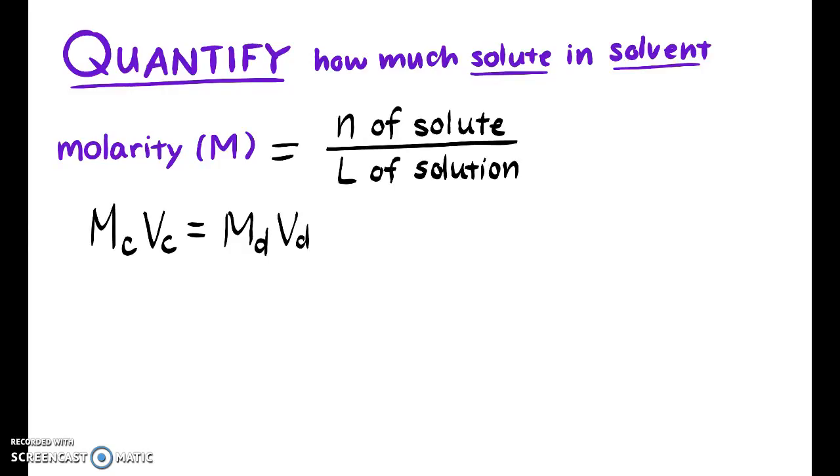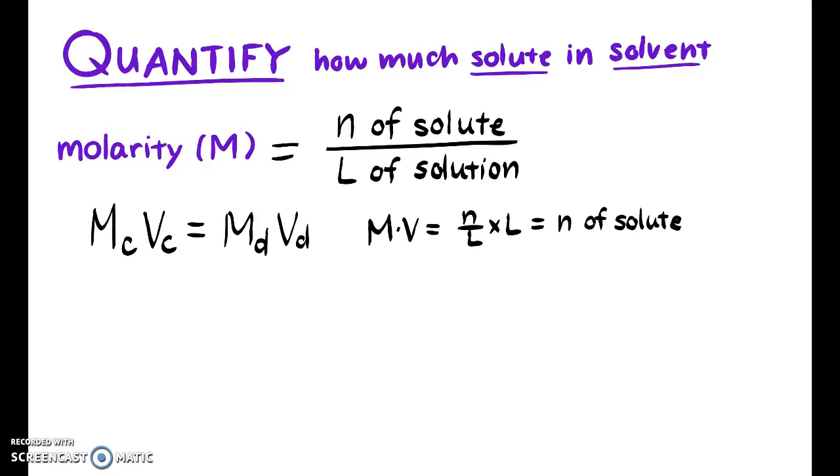One reason why this holds true is that molarity is moles of solute over liters of solution, and volume is liters of solution. So when we multiply them together, we get moles of solute.